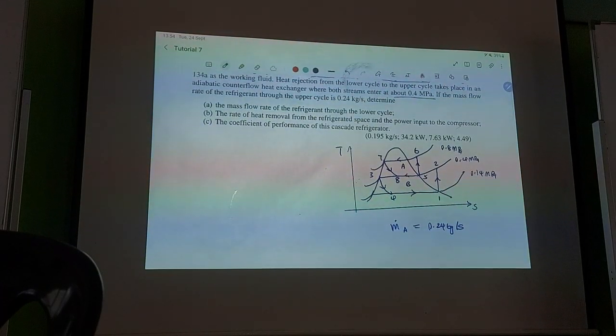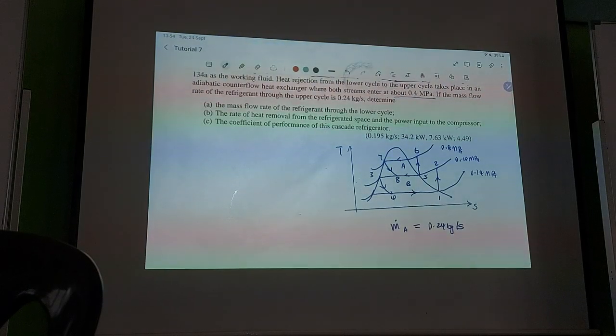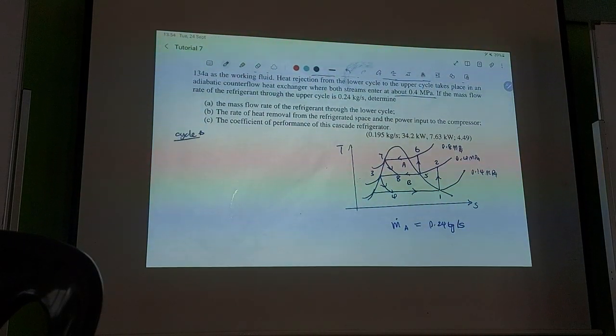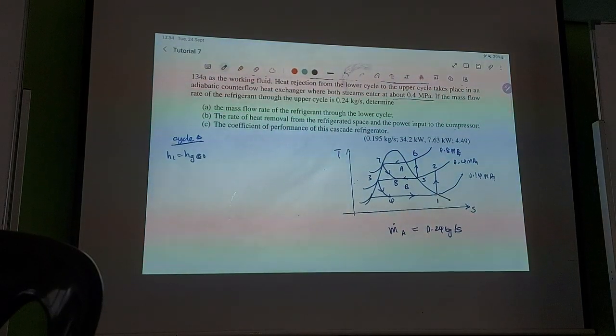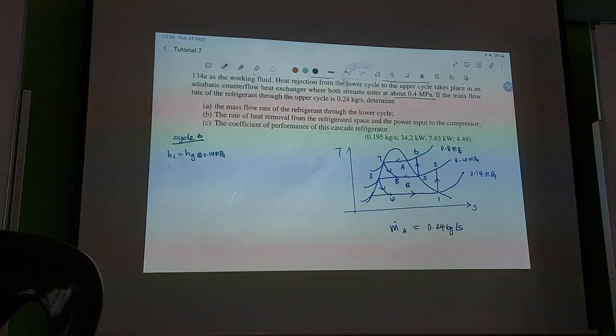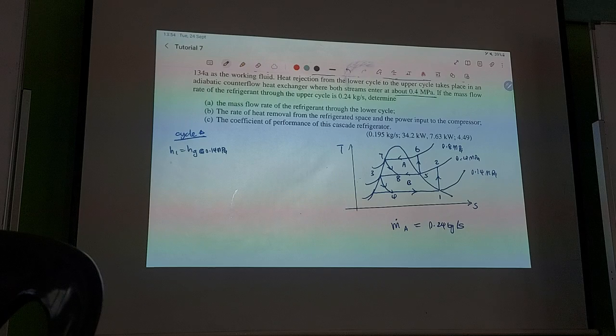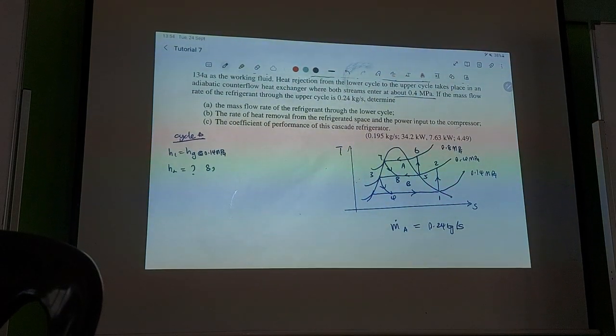This is pretty much everything you have learned. Let's say you look at cycle B. H1 is just Hg at 0.14 megapascal. To find H2, you need to find S2 equals S1 first.